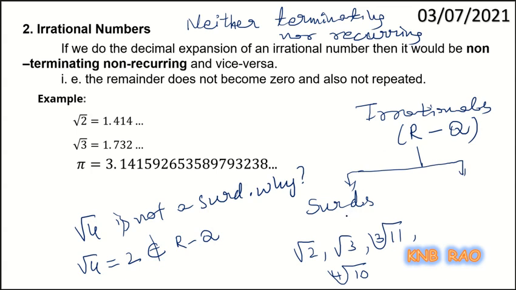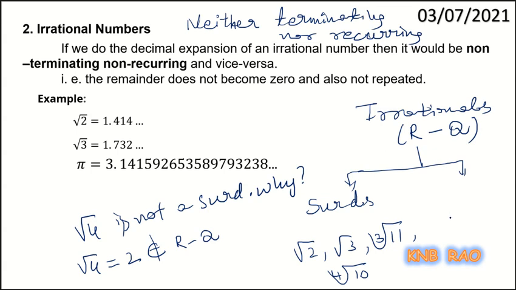That is what you have to take. If it belongs to irrationals, then only the subset surd will come. You will come to know this definition in a proper way in later, higher classes.